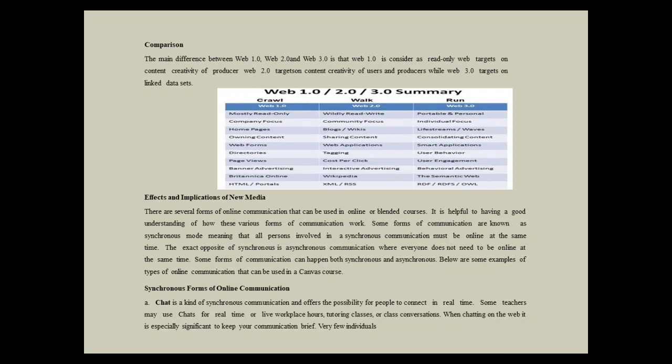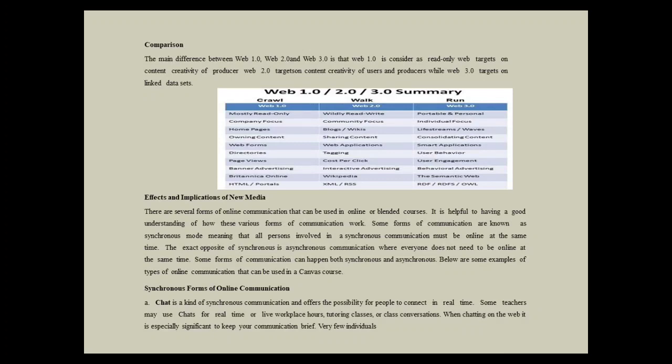Some forms of communication are known as synchronous mode, meaning that all persons involved in a communication must be online at the same time. The exact opposite of synchronous is asynchronous communication, where everyone does not need to be online at the same time. Some forms of communication can happen both ways.